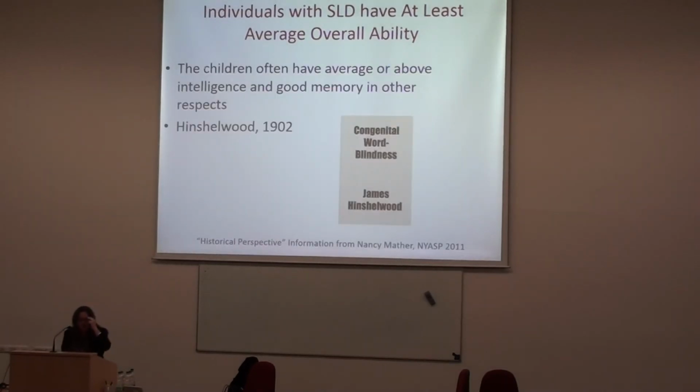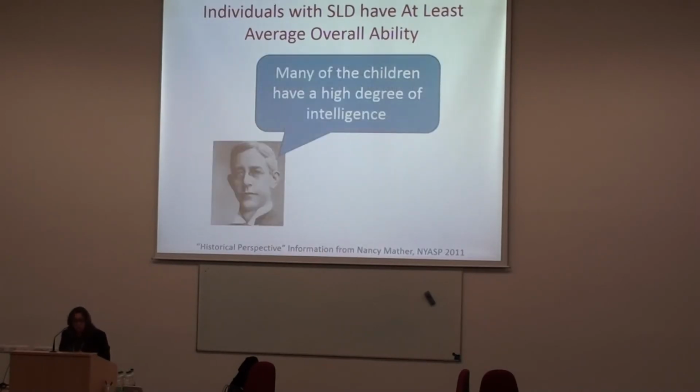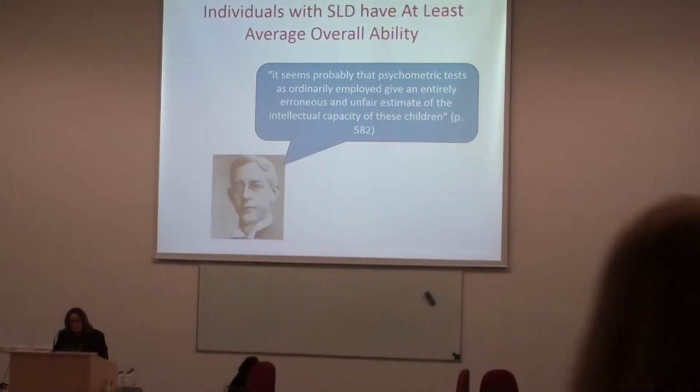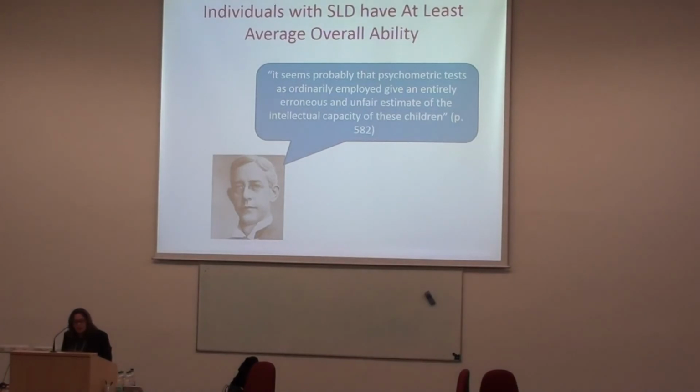The children often have average and above intelligence and good memory in other respects. That's Hinshelwood, 1902. Many of these children have a high degree of intelligence. That's Samuel Orton, 1937. It seems probably that psychometric tests as ordinarily employed give an entirely erroneous and unfair estimate of the intellectual capacity of these children.